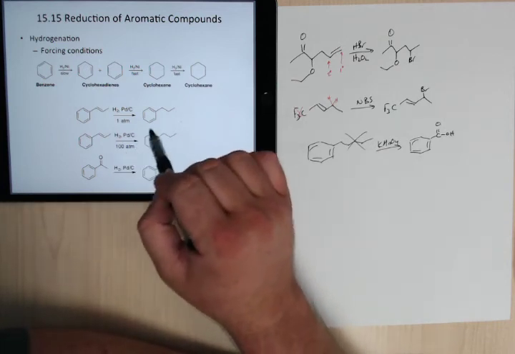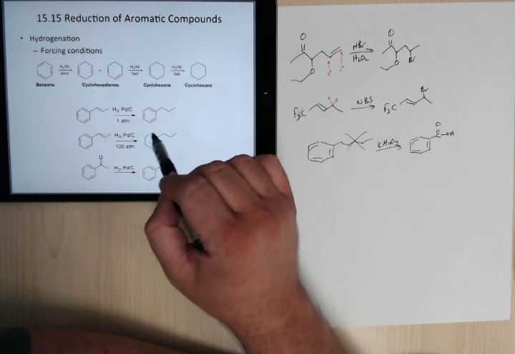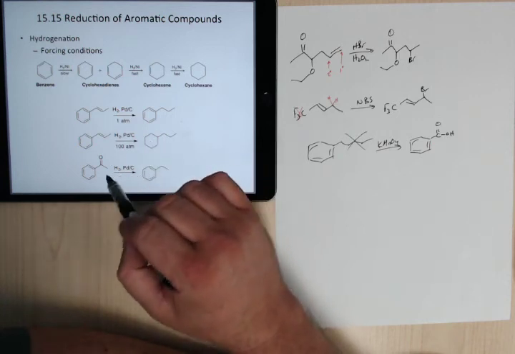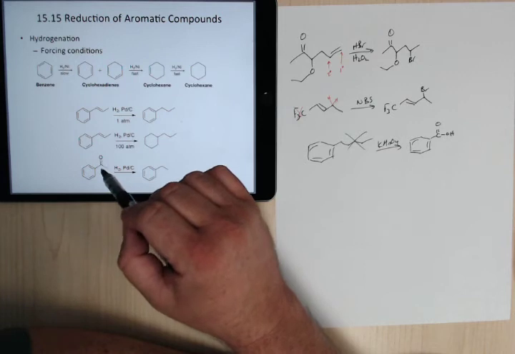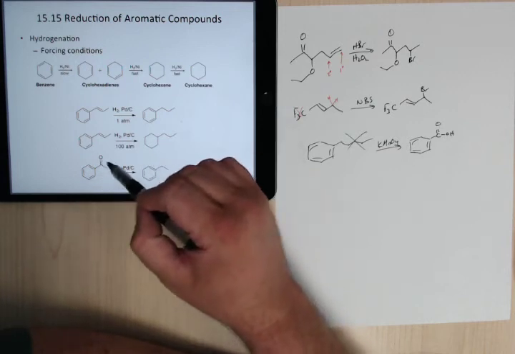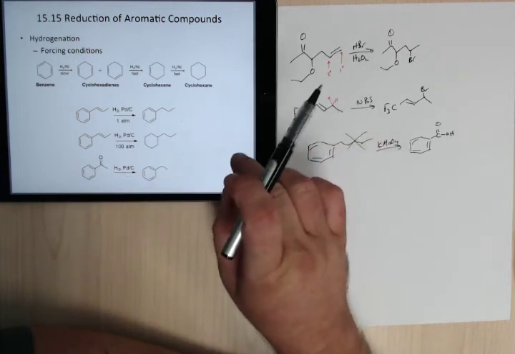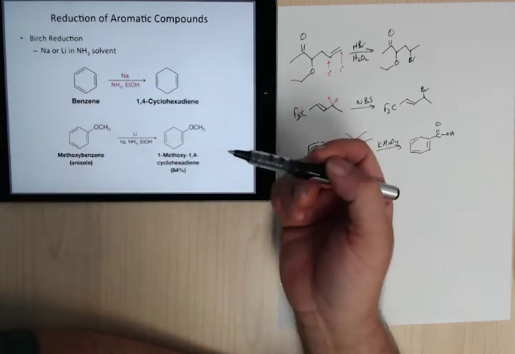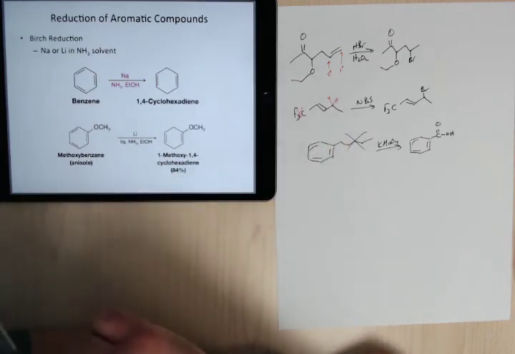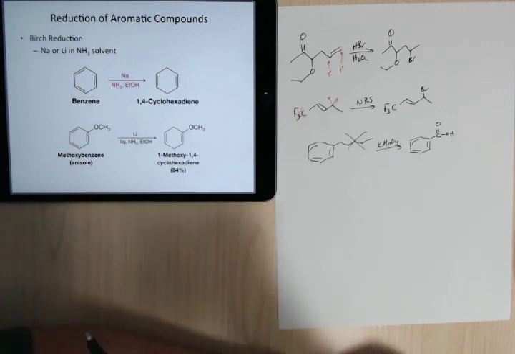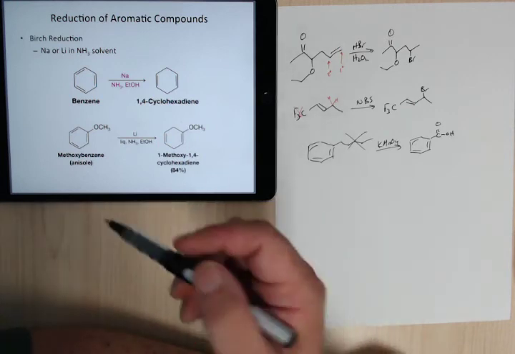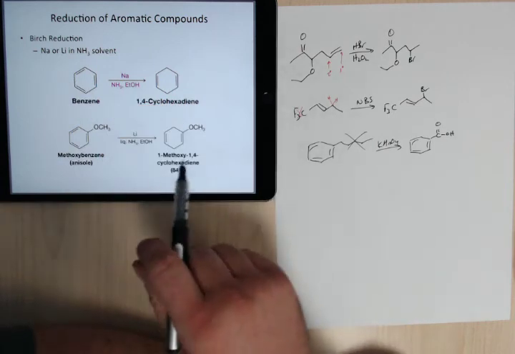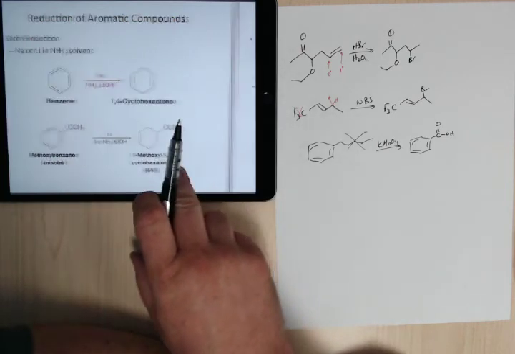Then you will also reduce the benzene as well. But remember, if you have the C double bond O down here in the normal conditions, it will actually turn it into a CH2. You can also, it turns out, do a Birch reduction, which, remember, we saw before when turning a triple bond into a trans double bond. That's a Birch reduction. So sodium or lithium in ammonia solvent will actually do it too.